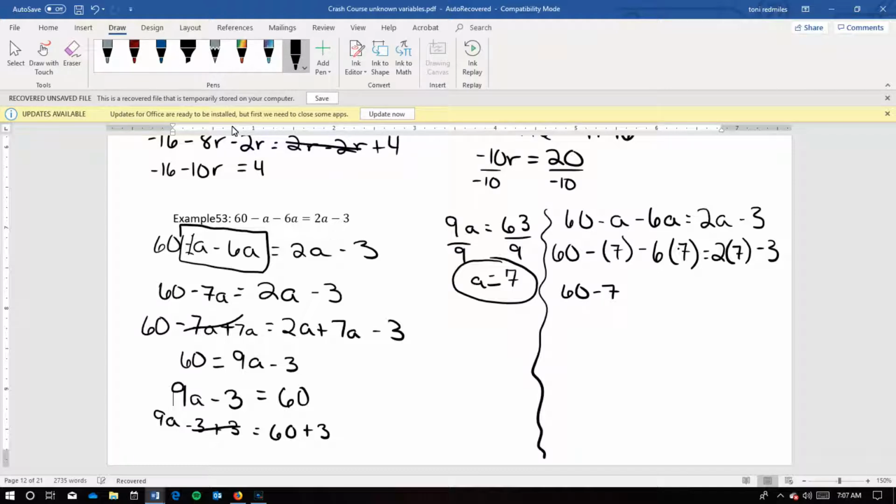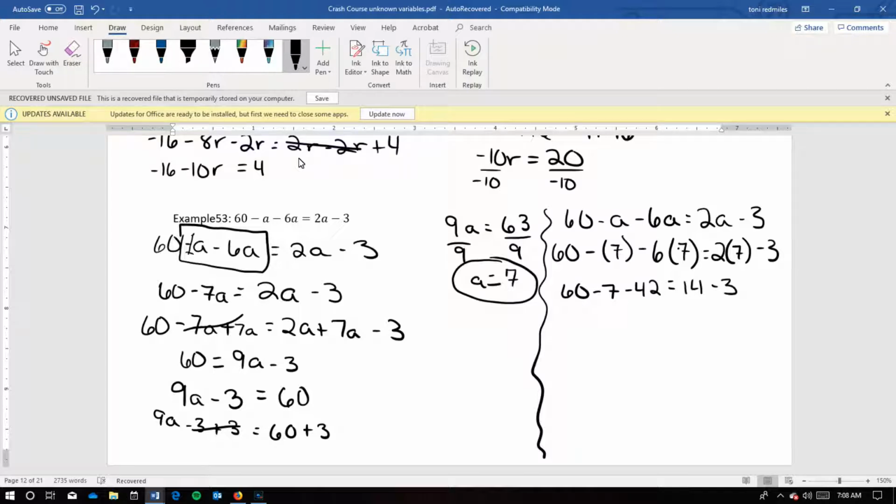Okay, I don't need the parentheses because it doesn't mean multiplication. This next one, a negative 6 times a 7, is going to give me a negative 42. 2 times 7 is 14. And now I need to get everything together on their proper sides.